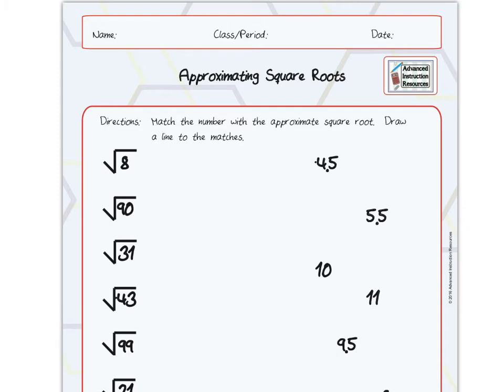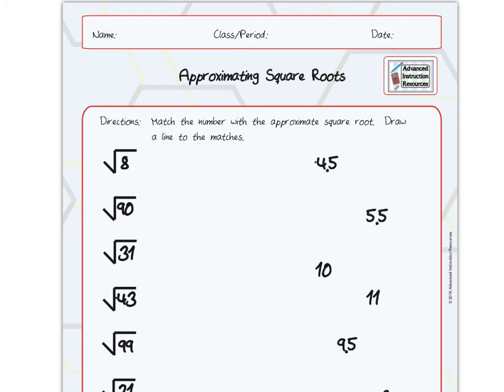So here's a section where you try, and we'll do the first of these numbers. We'll do the square root of 8 together and the square root of 90 together. If you look at all these numbers, none of them are perfect squares. We could not make a square with 8 Cheez-Its. So we have to estimate what the square root of 8 is.